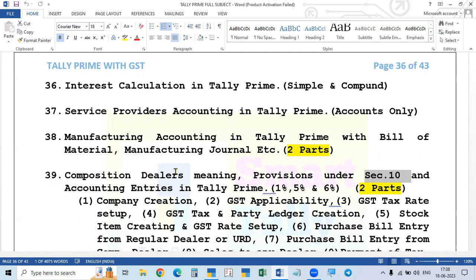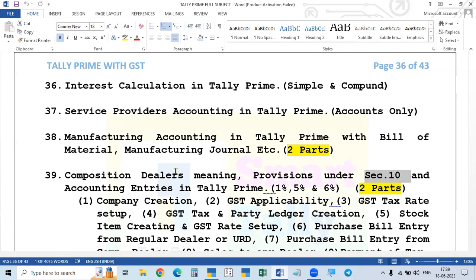It is a statement, that's why it's called GST CMP 08, not GSTR. CMP means composition. The CMP 08 form is the statement they have to file once in 3 months.